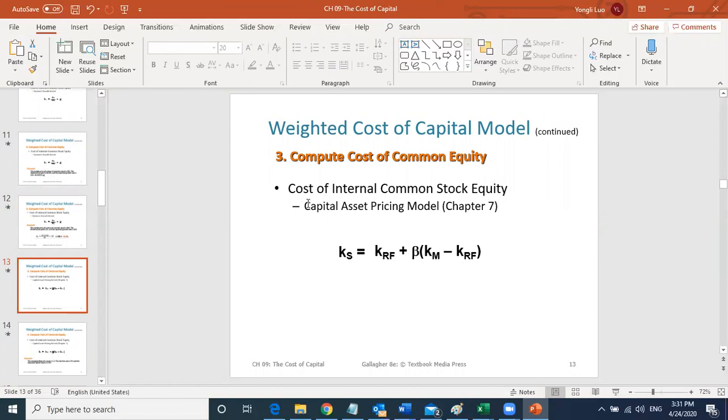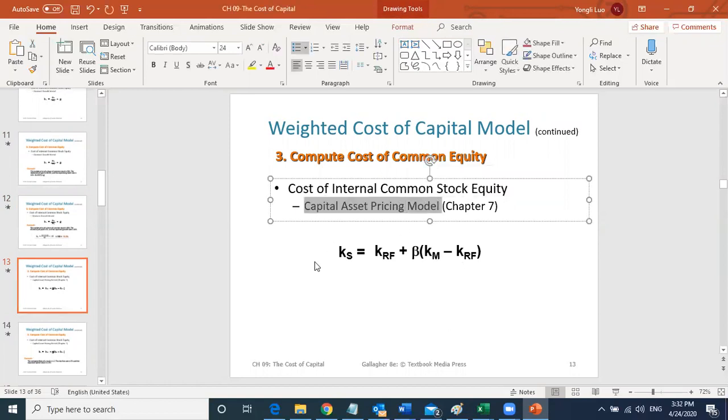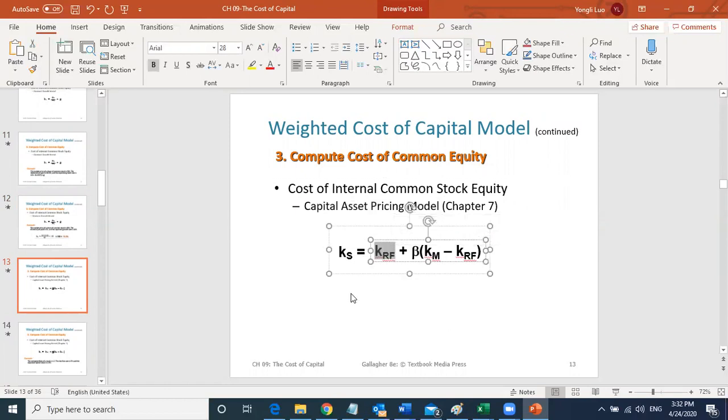So what is the capital asset pricing model? You estimate the cost of common equity using this: this is the risk-free rate, this is beta, and this is the market return minus the risk-free rate.